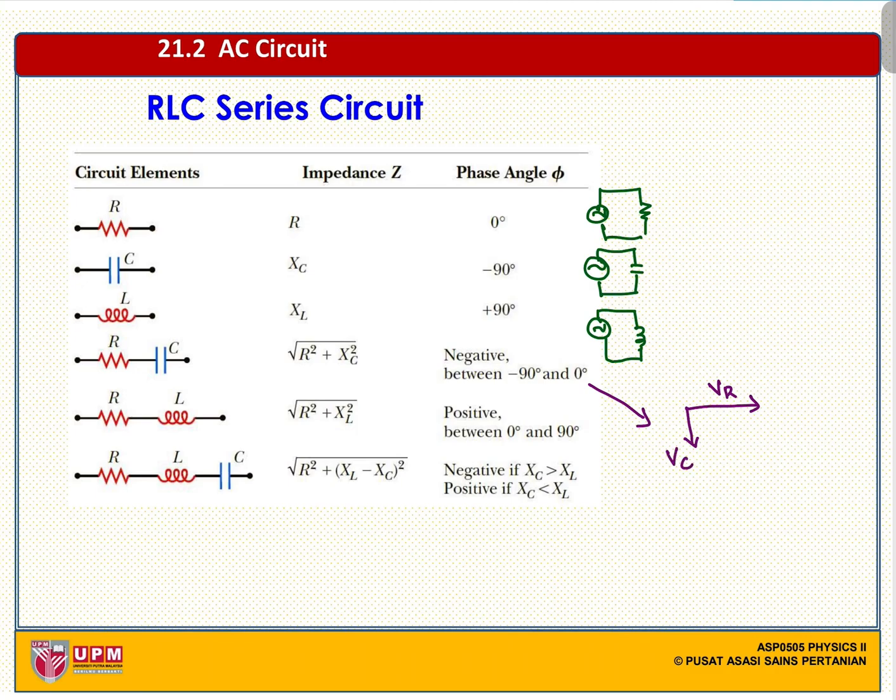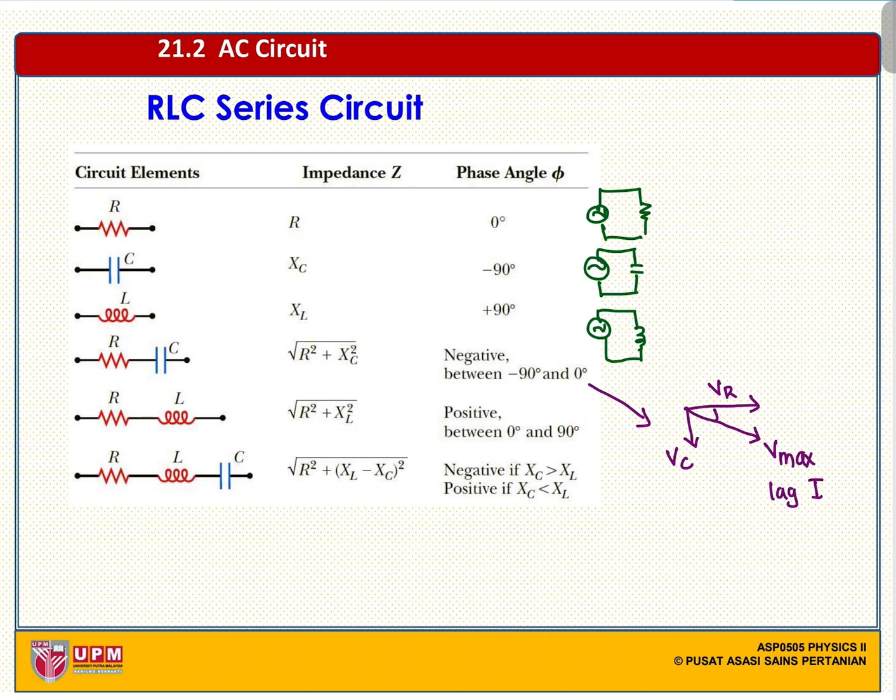VC downward. So it means your phase angle is somewhere here. That means your V max is lagged by the current. That is how it is when you have an RC circuit.